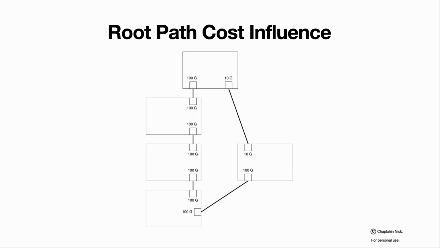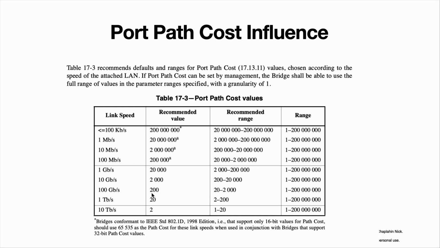For demonstration purposes, I'm claiming this one as a root. Its root path cost is 0 because it's a root. Again, 100 gigabits recommended port path cost 200, 10 gigabit 2000.